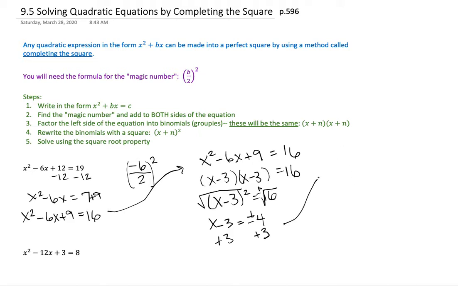So I'll do that up here. So x equals negative 4 plus 3 and x equals positive 4 plus 3. So that's not really a 3. So x equals negative 1 and 7. Those are your two answers.